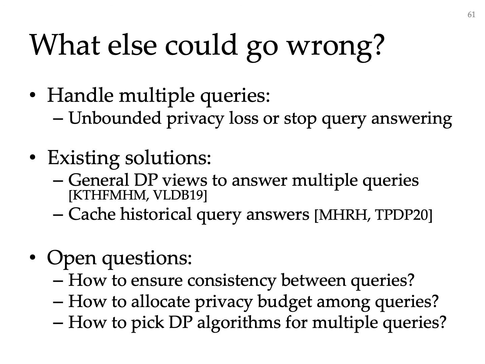To address this problem, some work proposes approaches to generate a general differentially private view for answering multiple queries, or cache historical query answers, which are used later to respond to future queries. However, there are still some open questions here, like how to ensure consistency between the queries, how to allocate privacy budget among different queries, and how to pick the proper differentially private algorithms for answering multiple queries.